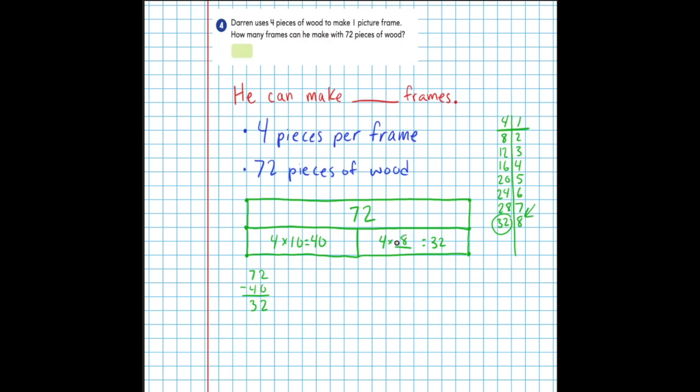So now we know how many frames we can make with 32 pieces of wood, and we know how many frames we could make with 40 pieces of wood. Well, how many frames is that altogether? Once again, we have to do another bit of math. If you said addition, you nailed it.